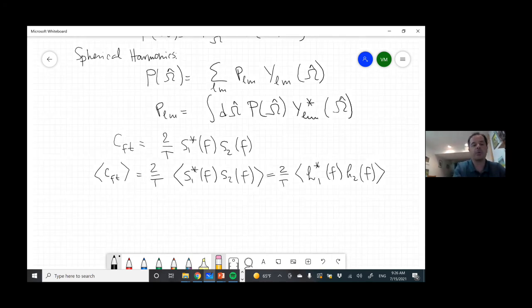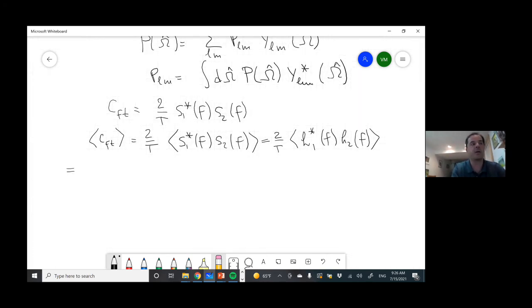The next thing we do, as usual, is expand both H1 and H2 in plane wave expansion. So we will have a sum over A and A prime. We'll have the integral over d omega and d omega prime.